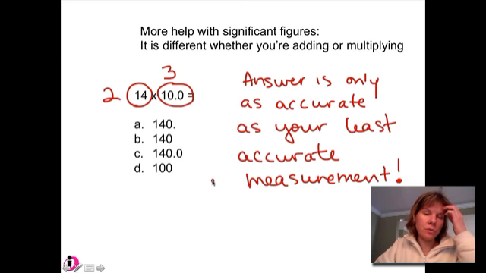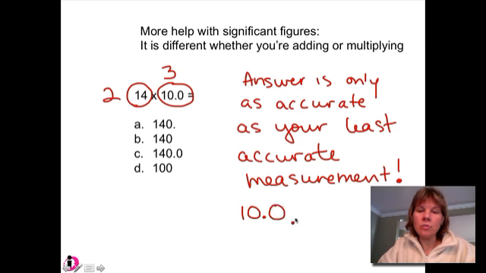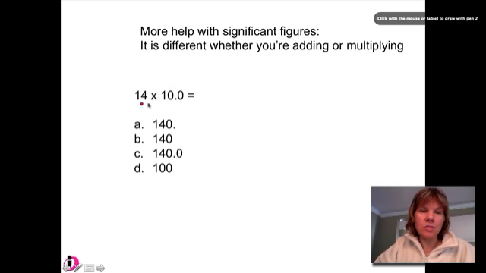So when you write it like 10.0, that's something very different than just 10. 10 means that, well, it was 10 grams, but it might have been 14, it might have been 8, we don't really know, and our scale just wasn't that accurate. But if you write it like this, it means that your instrument was accurate to 1/10 of a gram. It means that it was not 9.9, it was not 10.4, it was exactly 10.0. So this one's 2 and this one's 3.